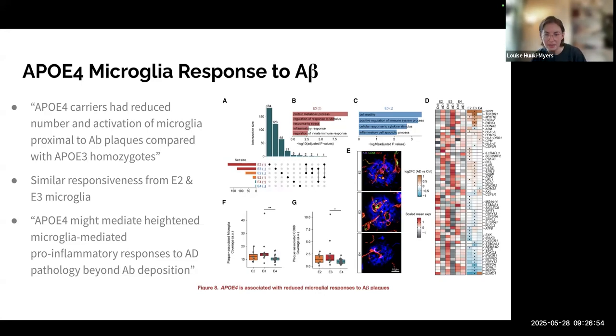You can see more microglia around an alpha beta plaque, and then in E4 you see less red, which is the microglia. So that confirms that hypothesis. So ApoE4 might mediate that microglia response, and they might not be responding adequately to the alpha beta plaques.